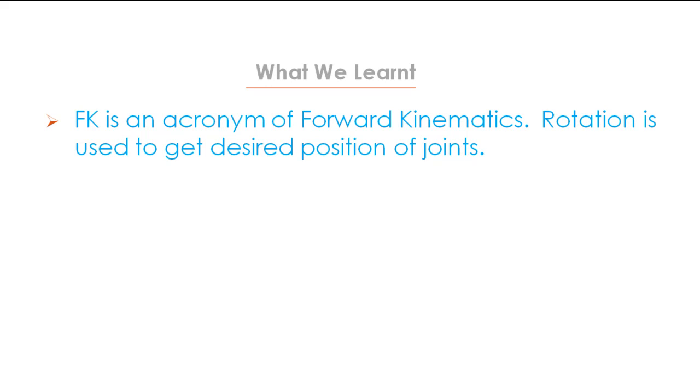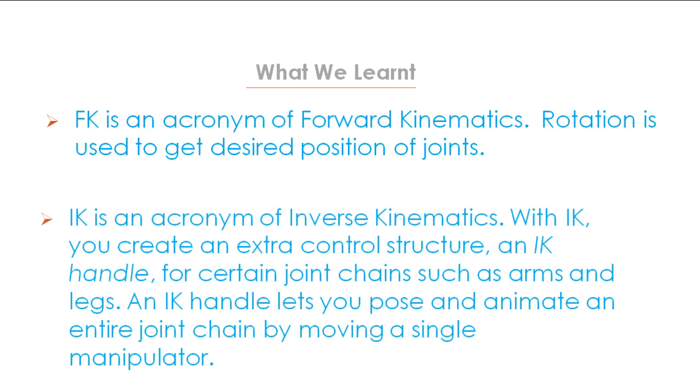Rotation is used to get the desired position of joints. IK is an acronym of inverse kinematics. With IK, you can create an extra control structure, an IK handle, for certain joint chains such as arms and legs. An IK handle lets you pose and animate an entire joint chain by moving a single manipulator.